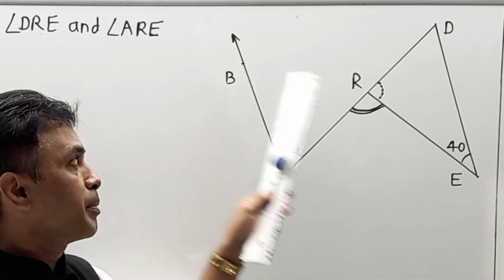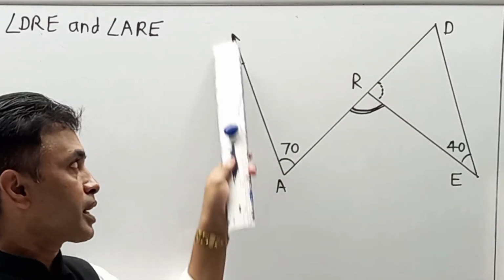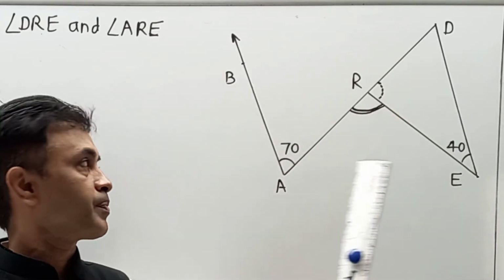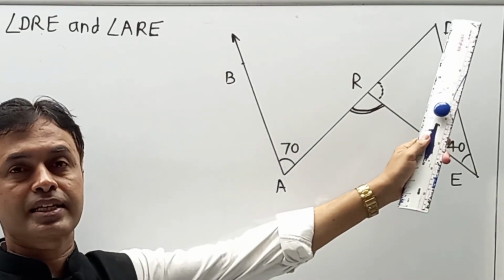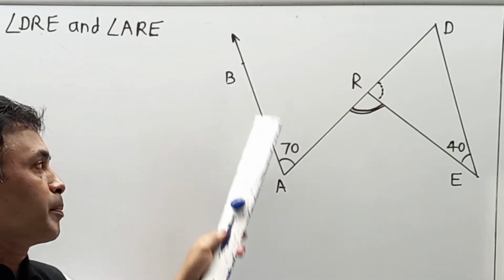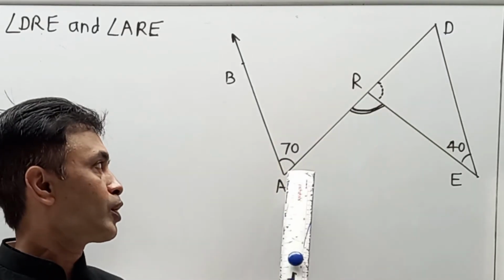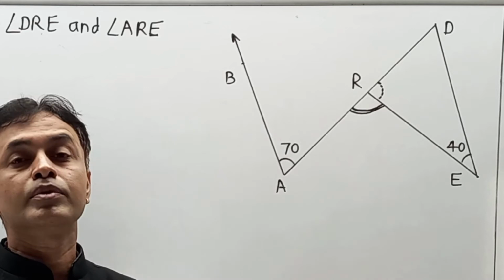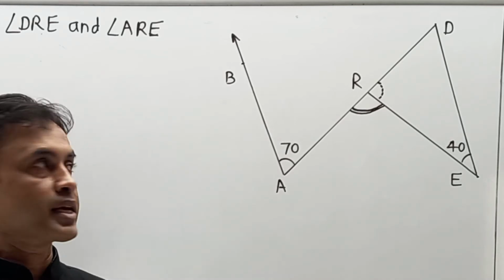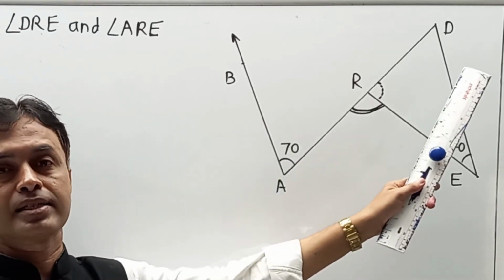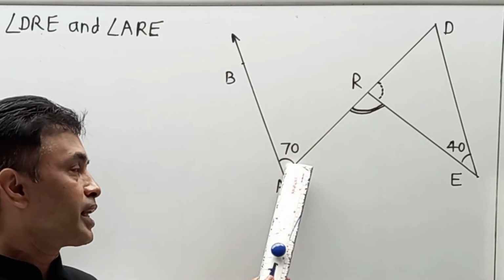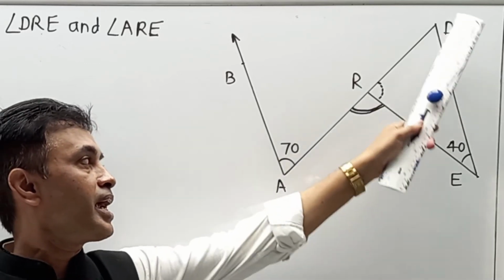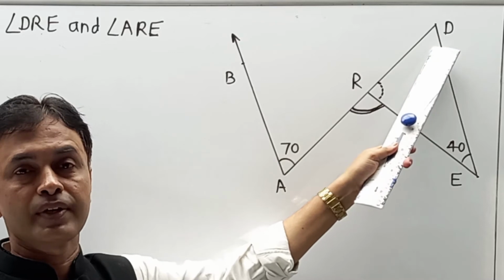Remember, they have given AB parallel to DE. In that case, AD acts as a transversal and automatically angle BAD equals angle ADE, because these are nothing but alternate angles, and naturally alternate angles are congruent. So if angle A is 70 degree, naturally ADE is also 70 degree.